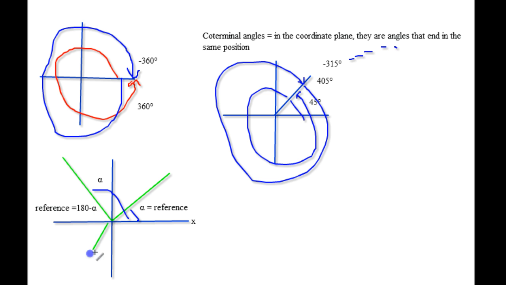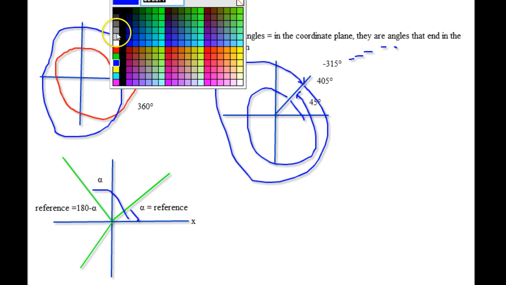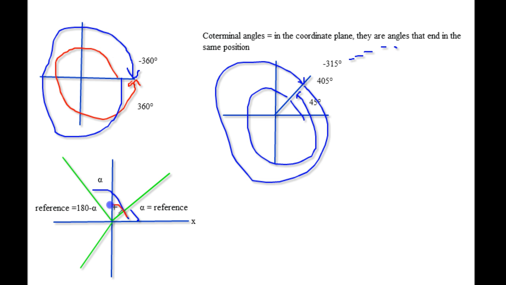Now if we were dealing with something in the third quadrant, we go around right to here, and let's say that was alpha. The reference angle is going to be alpha minus 180.